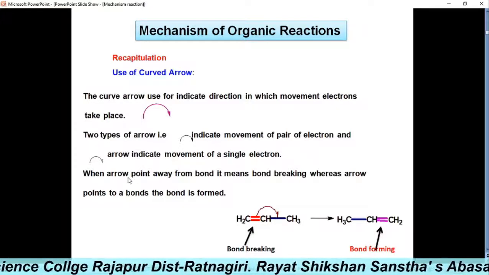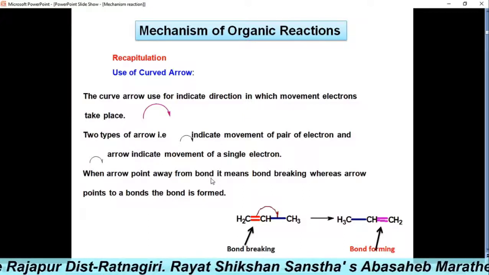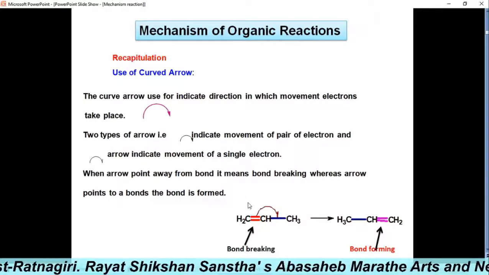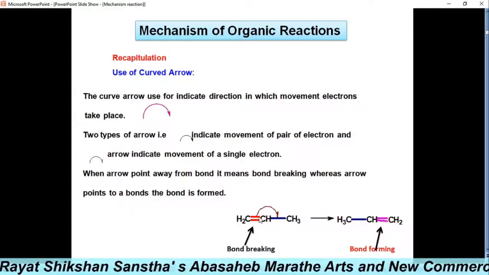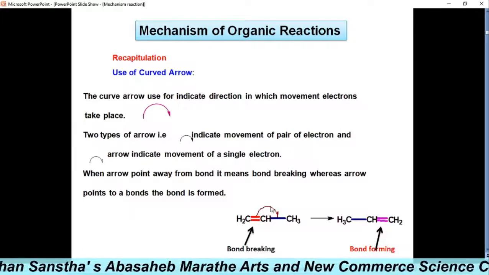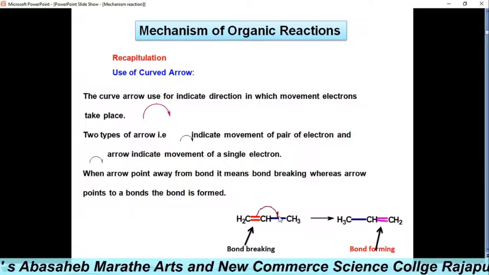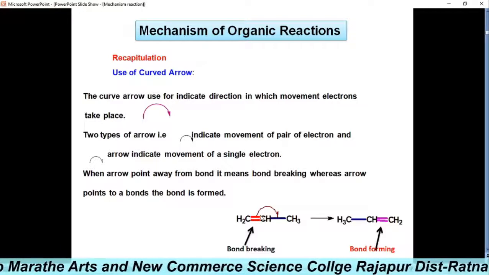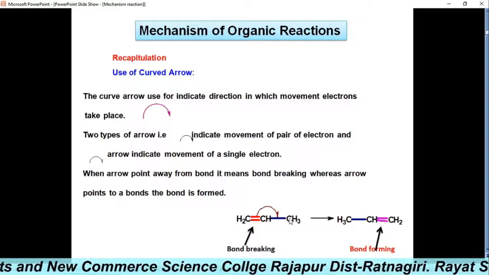When an arrow points away from a bond, it means that bond breaking takes place. See here, this is a red colored double bond. These bonds break like this. This arrow is away from this side, which shows that these bonds are breaking, and at this point the new bond will be formed.